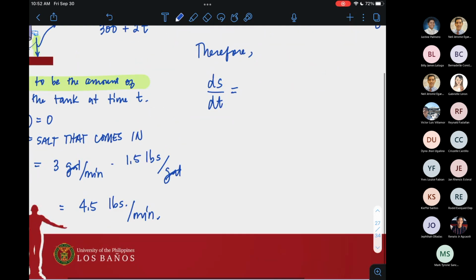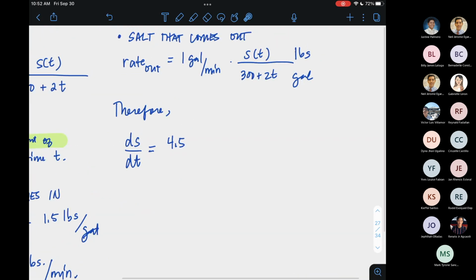Ang rate in natin ay constant na 4.5. Ito yung nadadagdag. 4.5 pounds of salt is being pumped into the solution per minute. Tapos yung lumalabas ay medyo variable. So minus yung rate ng paglabas ng salt, it is S of t over 300 plus 2t. And this is our model. Okay?